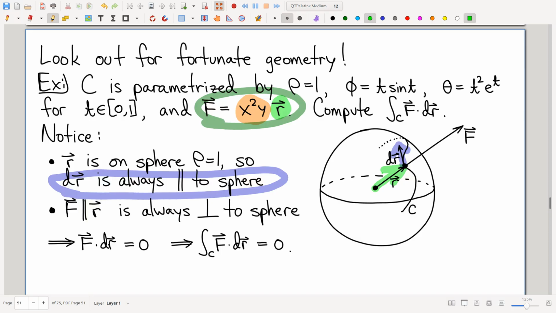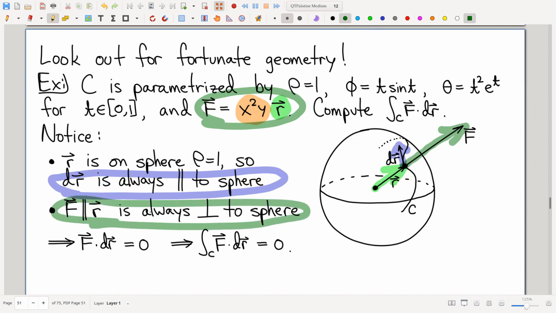Okay, so here's the thing. If R is always perpendicular to the sphere, then that means that the vector field also is always perpendicular to the sphere. And now let's look at these two facts together. I've got F and I've got dr. Dr is always parallel to the surface. F is always perpendicular to the surface.